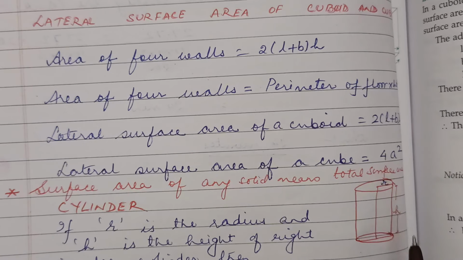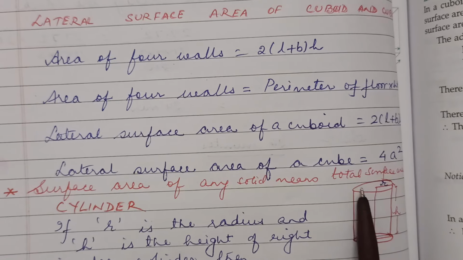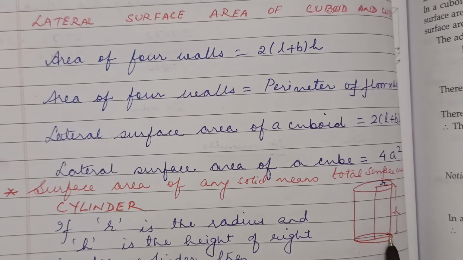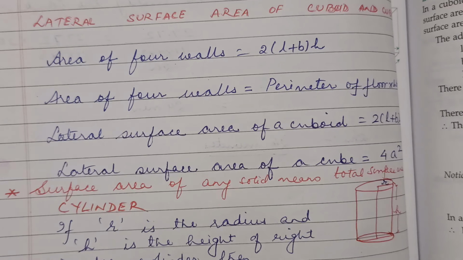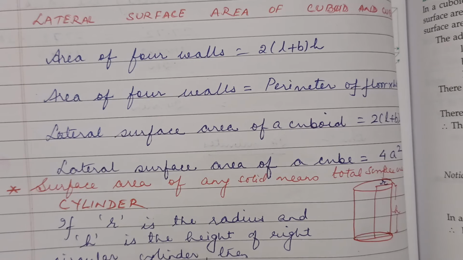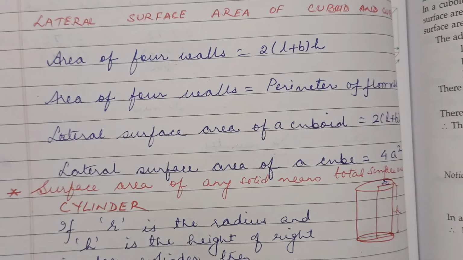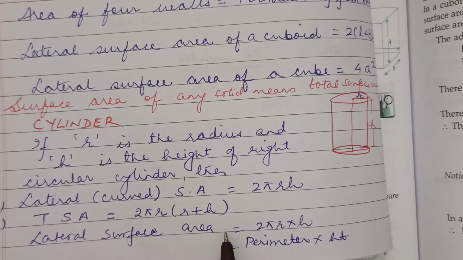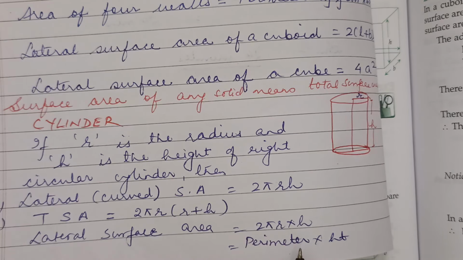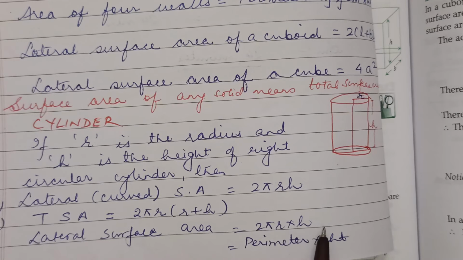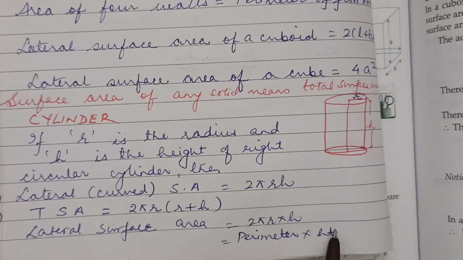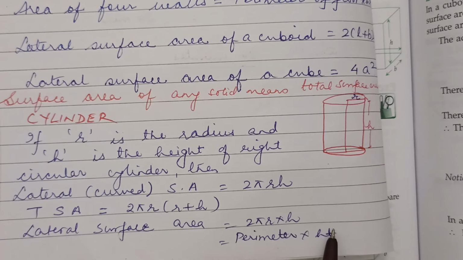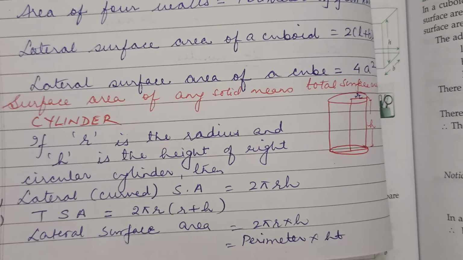Now they are circular in shape, isn't it? So area of one base is pi r square, this base is also pi r square, and curved surface area is 2 pi r h. So when you add it, you will get 2 pi r square plus 2 pi r h. Then lateral surface area is also equal to 2 pi r into h, means the circumference into height. So we will be using this formula in this exercise.